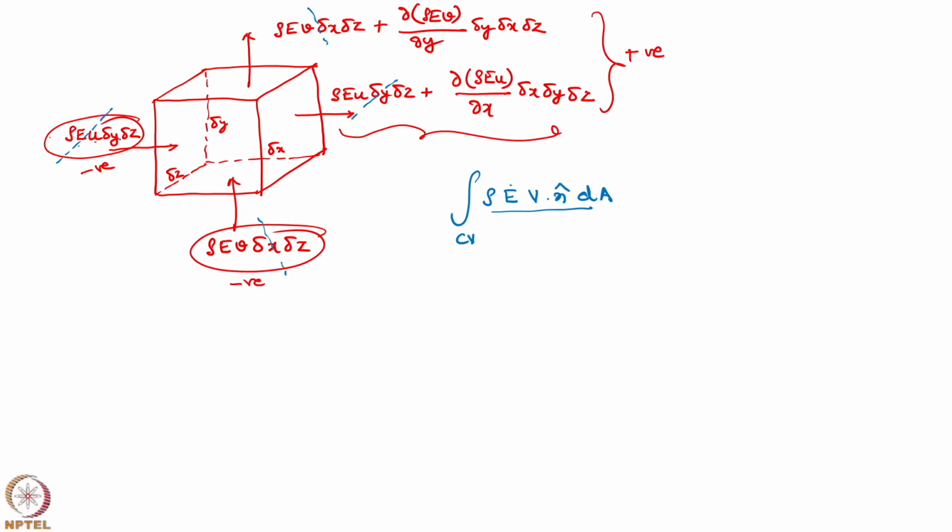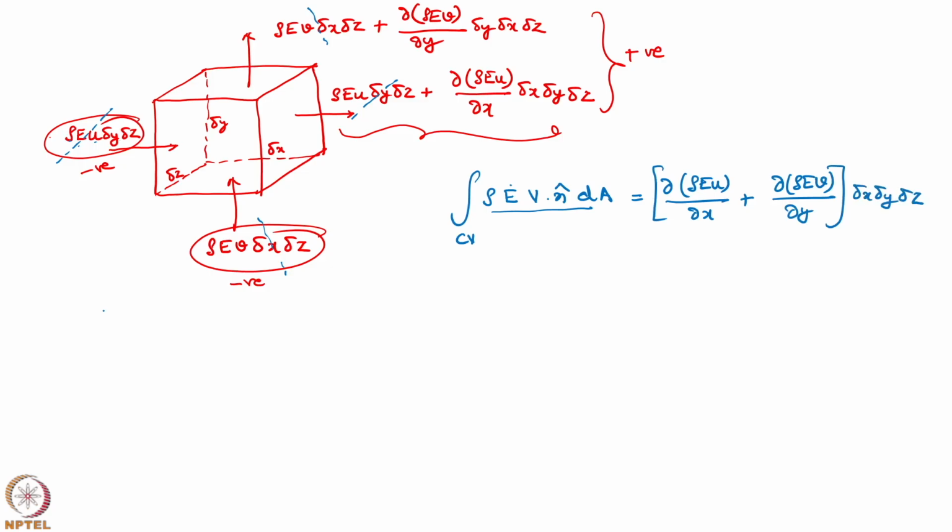So, you are left with dou of rho E u by dou x plus dou of rho E v by dou y, into delta x delta y delta z.